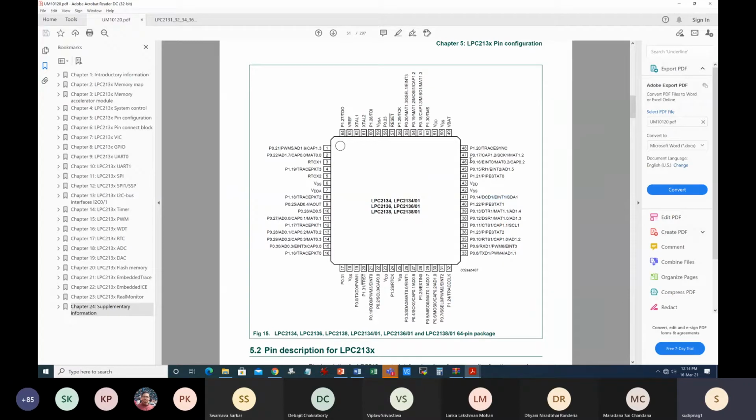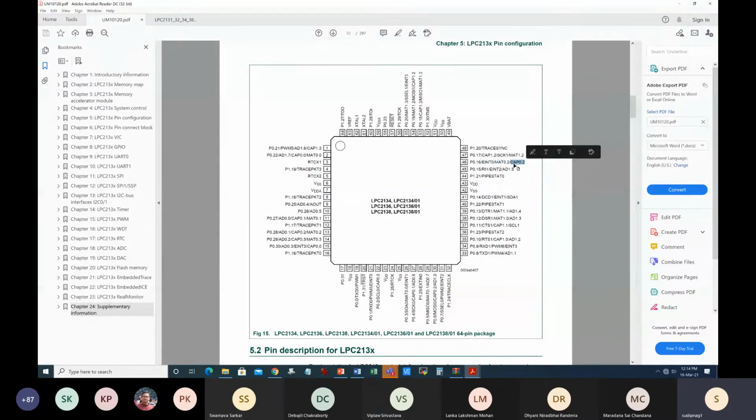If you look at any pin on this microcontroller pin diagram, only up to 4 options are given. So P0.16 in this example has /EINT0, MAT0.2 and CAP0.2. So this is basically either GPIO 0.16, or external interrupt input 0, or match 0.2 channel, or capture 0.2 channel.